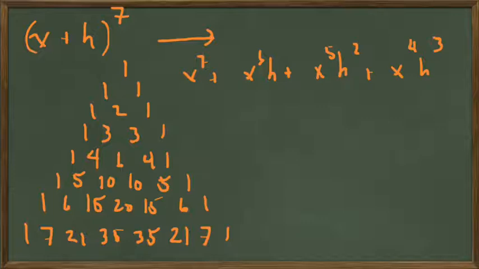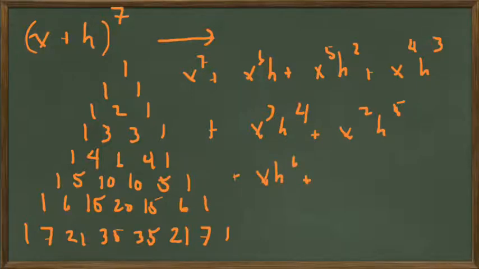Notice that the powers always sum up to 7, x to the 3rd, h to the 4th, x squared h to the fifth, x h to the sixth, and h to the seventh, and then we're going to put in the coefficients coming from this last row of Pascal's triangle, and so they are 1, 7, 21, 35, 35, 21, 7, and 1.